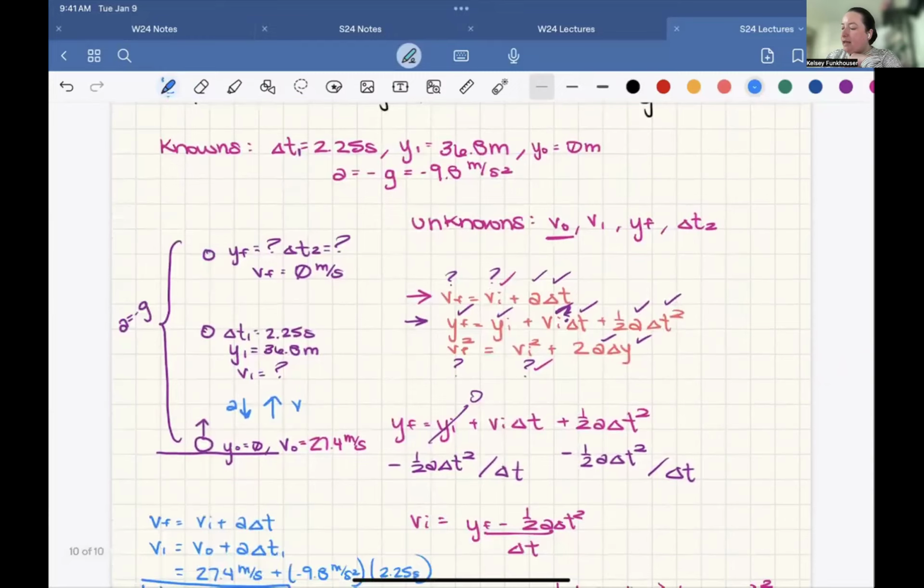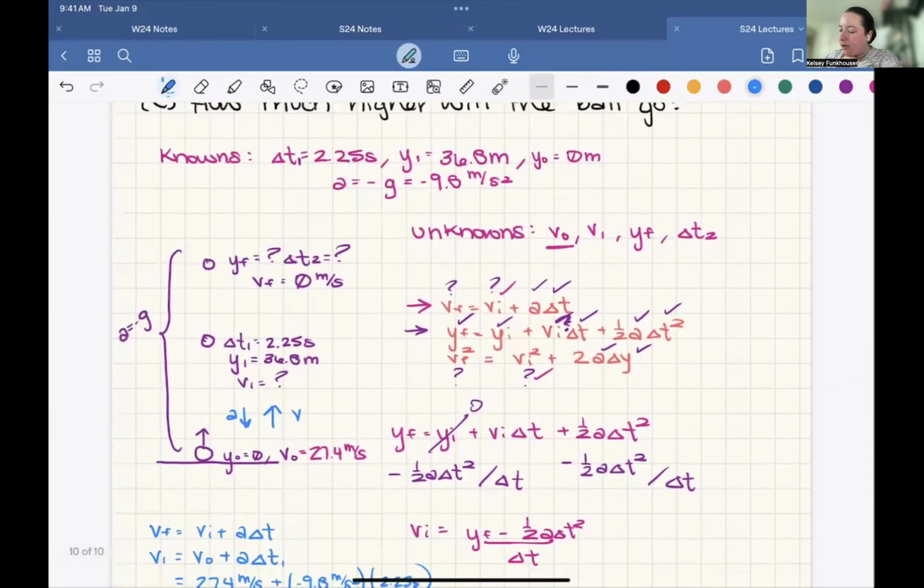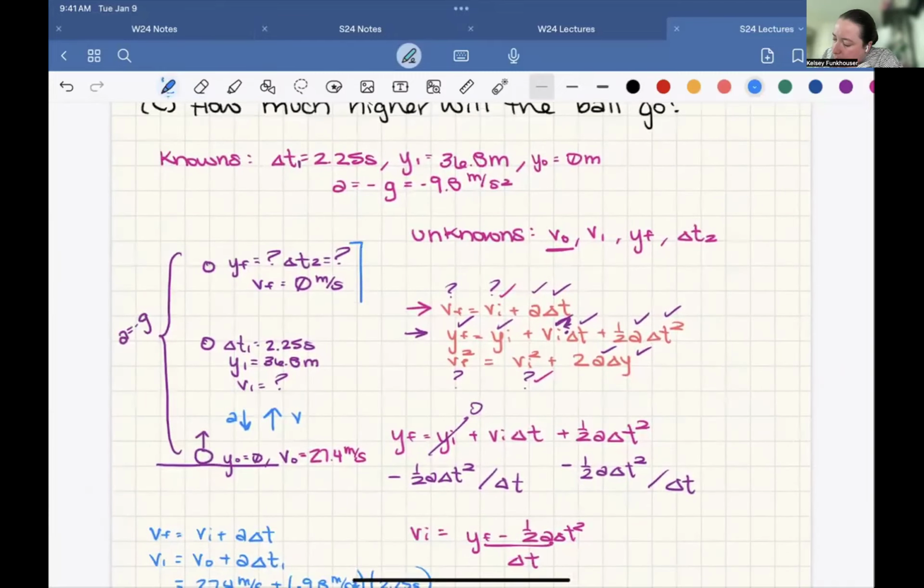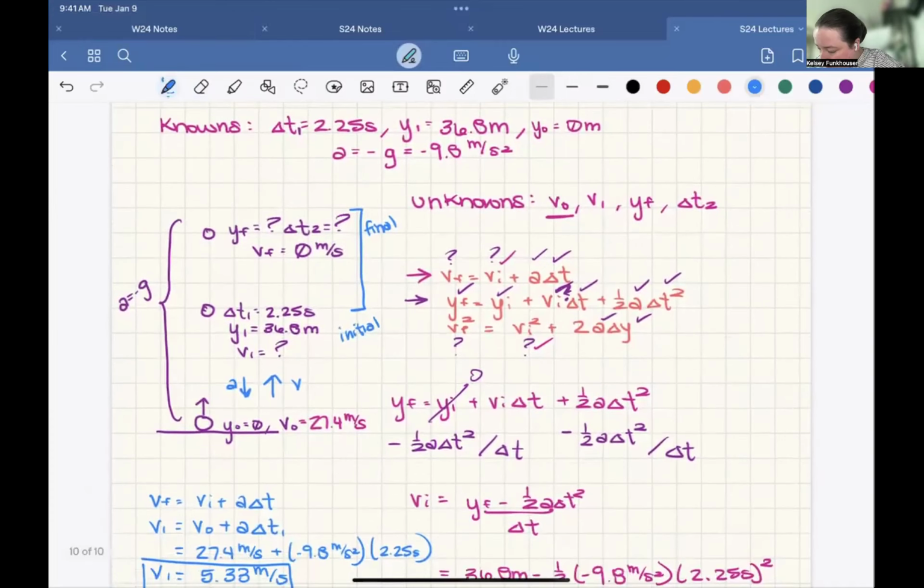And then finally, it asks how much higher the ball will go. So now we look at these two, and this becomes our initial and final. Let's look at the equations really quickly again. Apologies for all of the markings on them that are already there. We know the velocities.